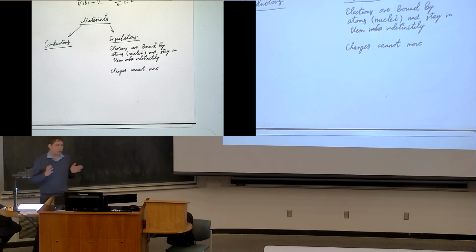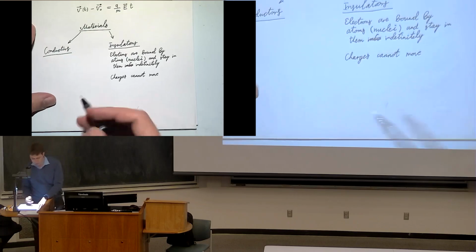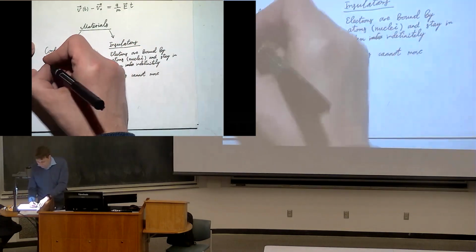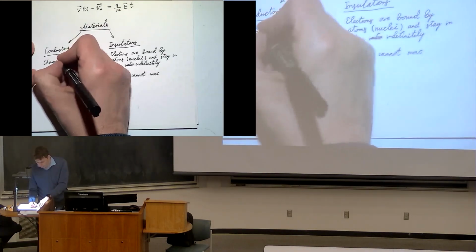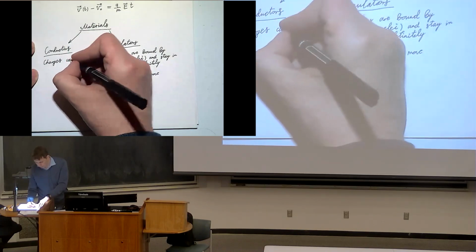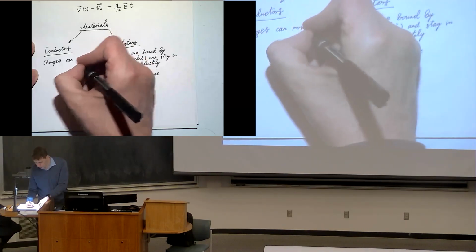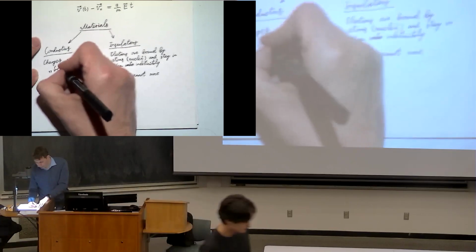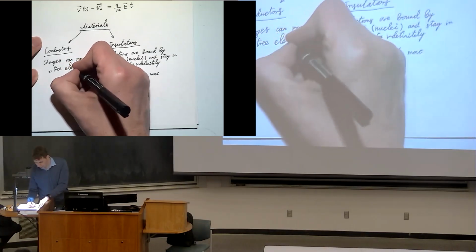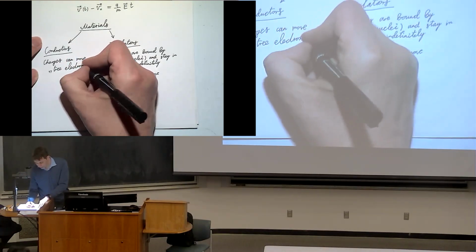And then when you apply an electric field to such a material, the electrons are no longer bound, and they are free to move in the entire conductor, in the entire system. So I'll write here: charges can move, and those charges are called free electrons.